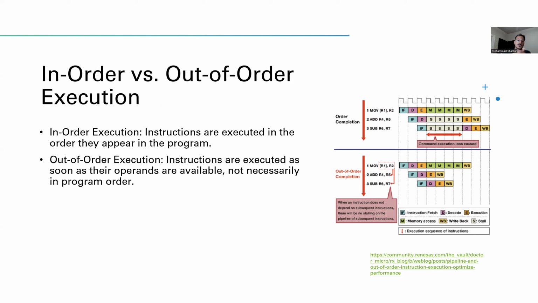Out of order execution can have an advantage over in order because there is no stalling happening in the pipeline, and it would require less time at the end of the day compared to in order execution.